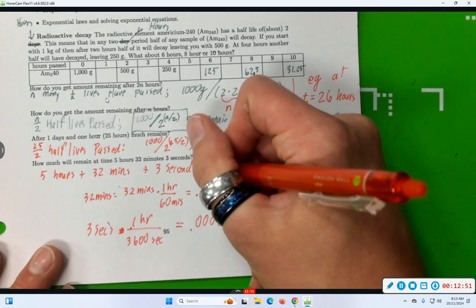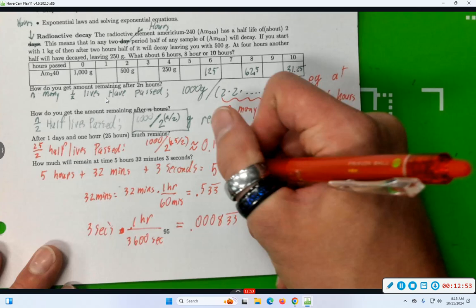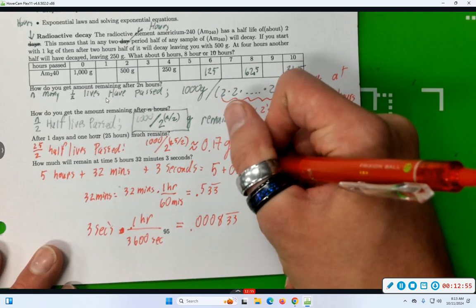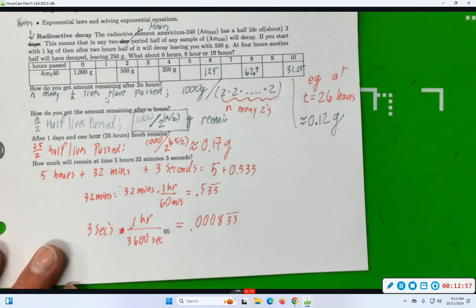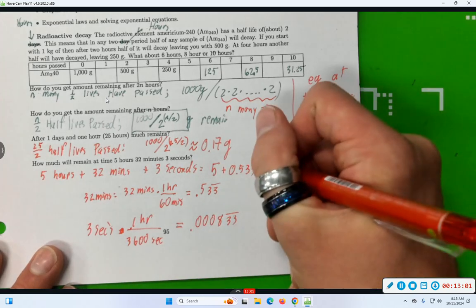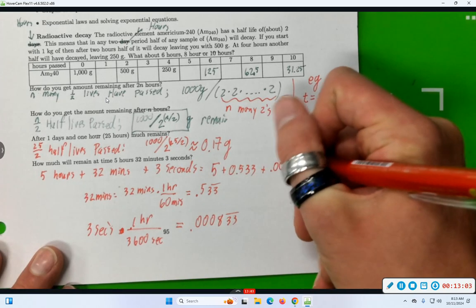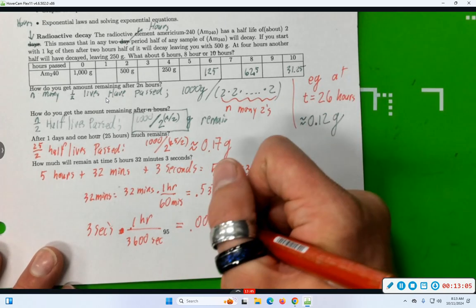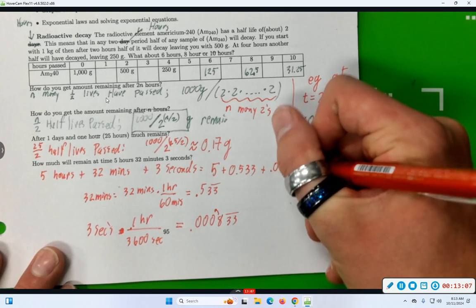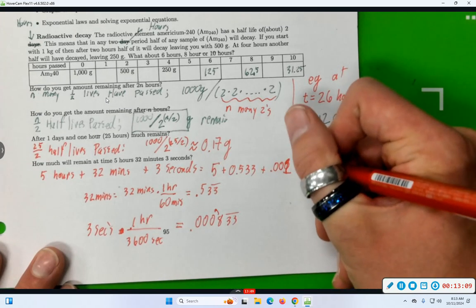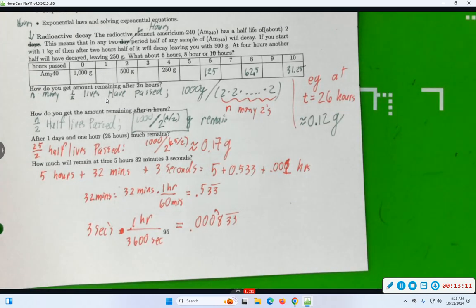It looks like this is 5 plus 0.5 plus 0.000. I think we can round to the thousandths. We don't want to be that precise anyway. Let's see, if we're rounding to the thousandths, that would just round up. So that's how many hours have passed.